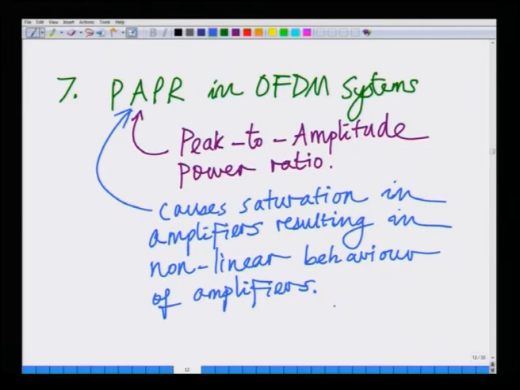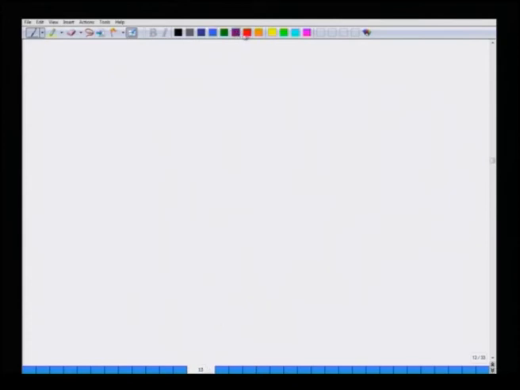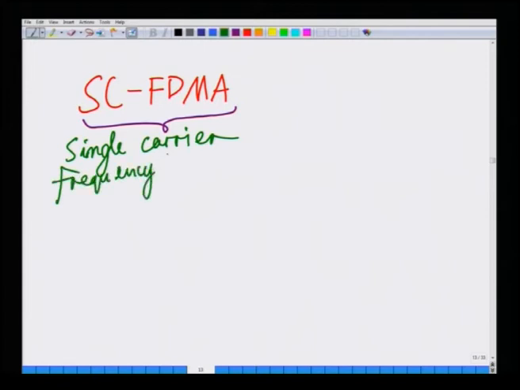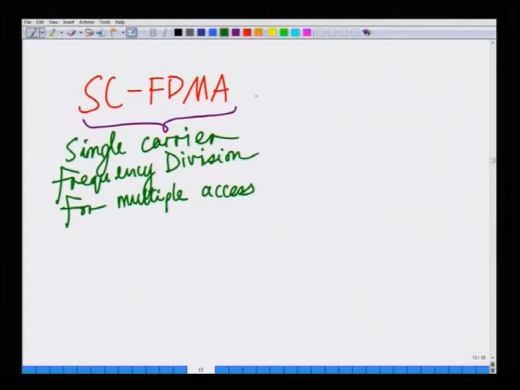So, that is the problem of PAPR, and we said to tackle the problem of PAPR we can use SC-FDMA, which stands for single carrier frequency division multiple access.